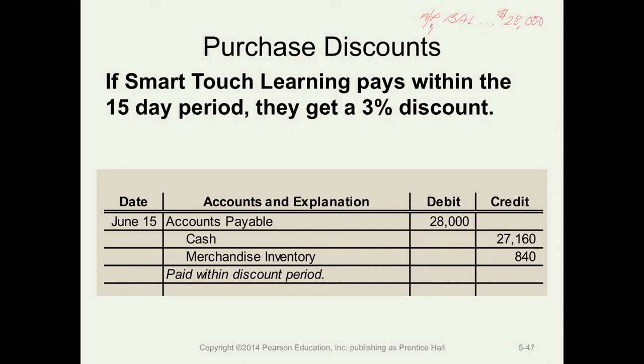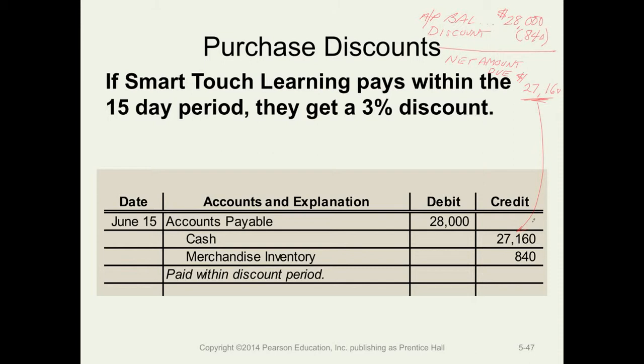And then we have the discount that we computed as $840. The net amount due to the supplier is $27,160. That's the amount of cash that we owe.